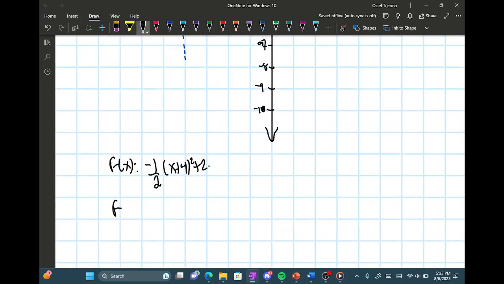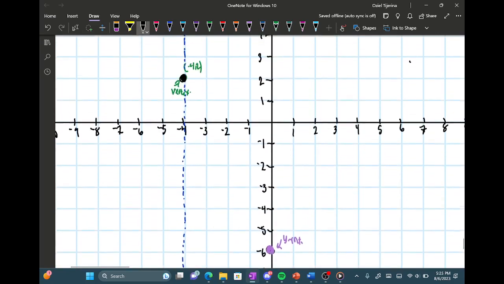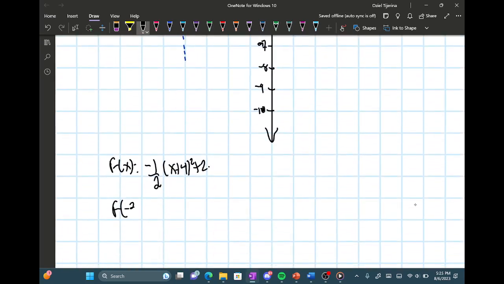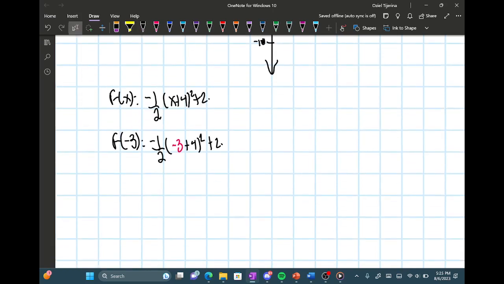So when x is equal to -3, f of -3 is -1/2 times (-3 plus 4) squared plus 2. Obviously, this is going to be -1/2 times 1 plus 2, which I believe would be 3/2.